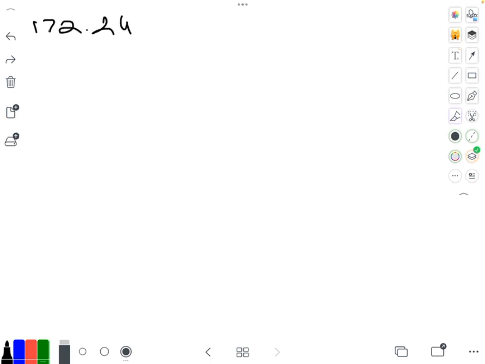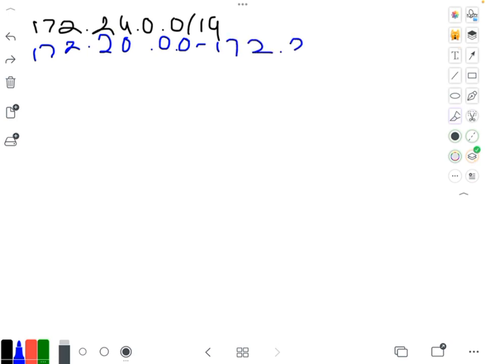So, the first subnet, 172.24.0.0, and our range is going to be 172.24.0.0 to 172.24.31.0.